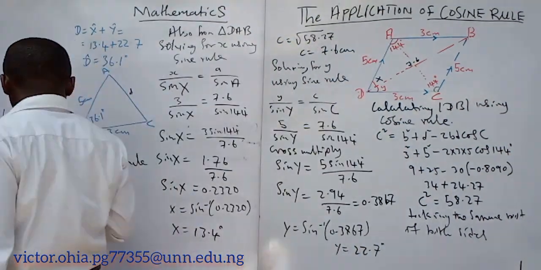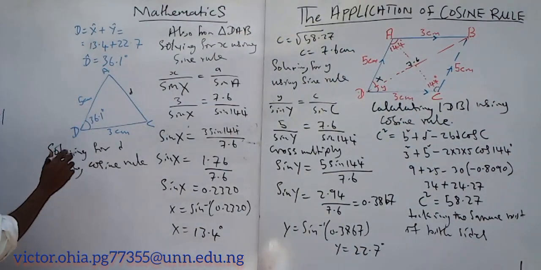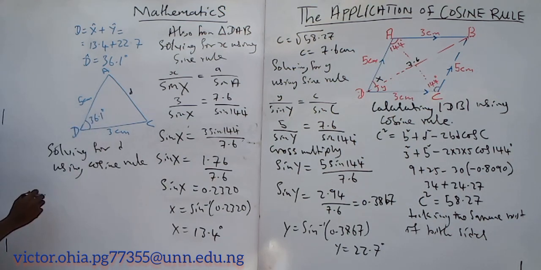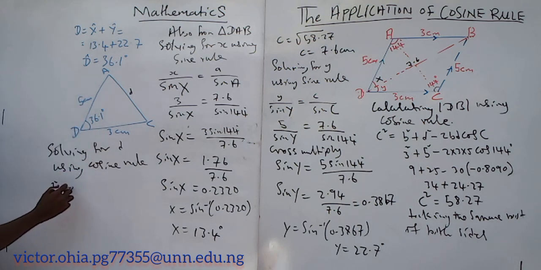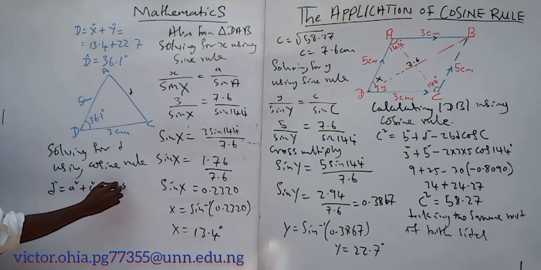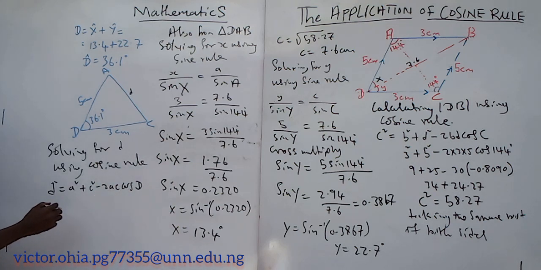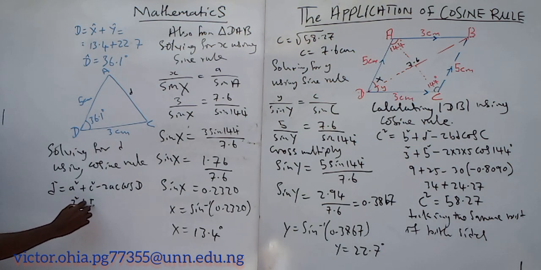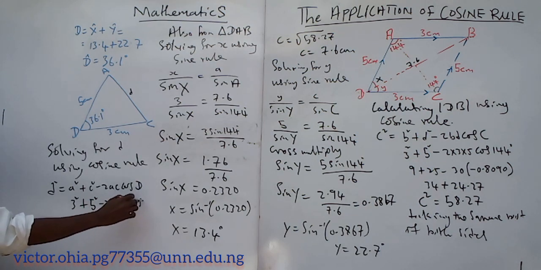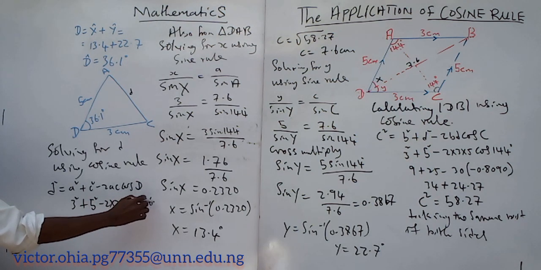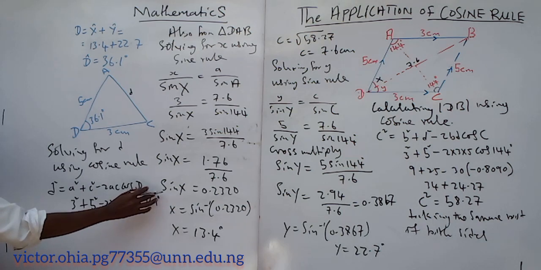So using cosine rule, d squared is equal to a squared plus c squared minus 2ac cos D. So a here is 3, so 3 squared plus 5 squared minus 2 times 3 times 5, then cos 36.1 degrees.